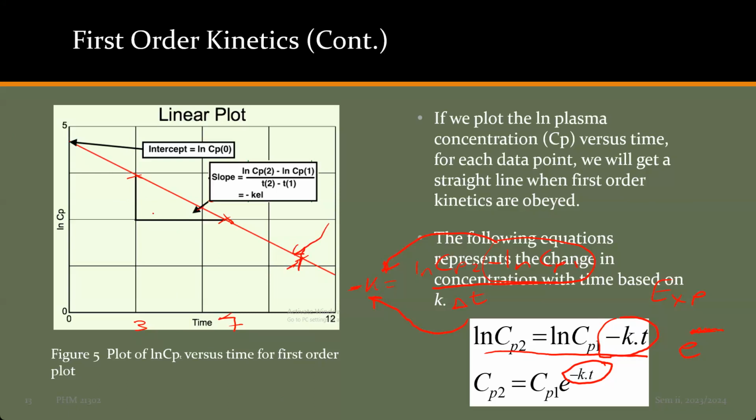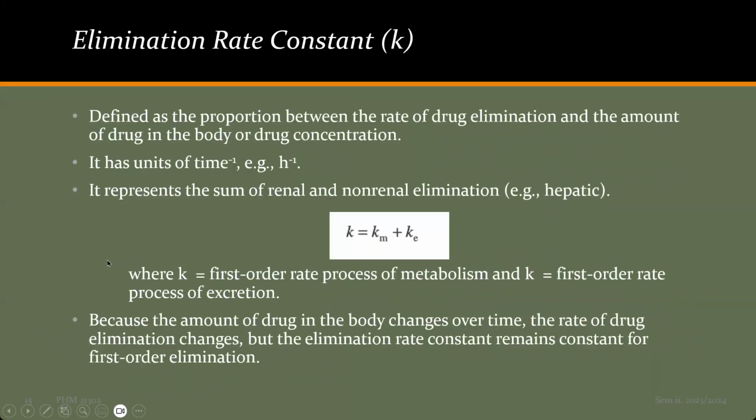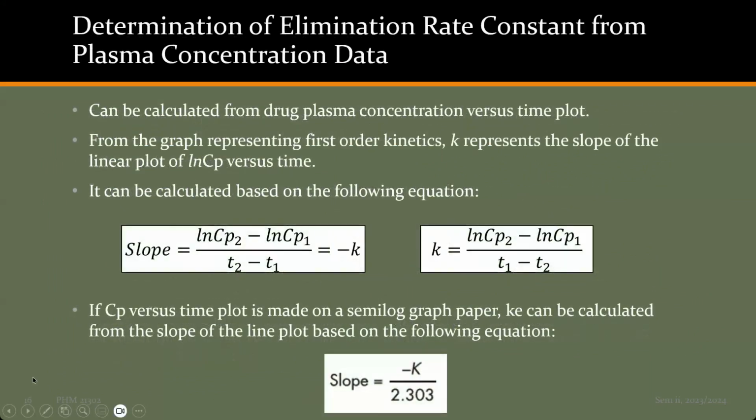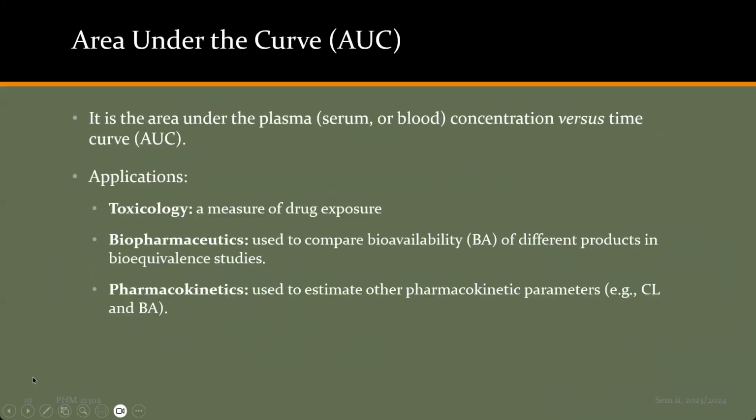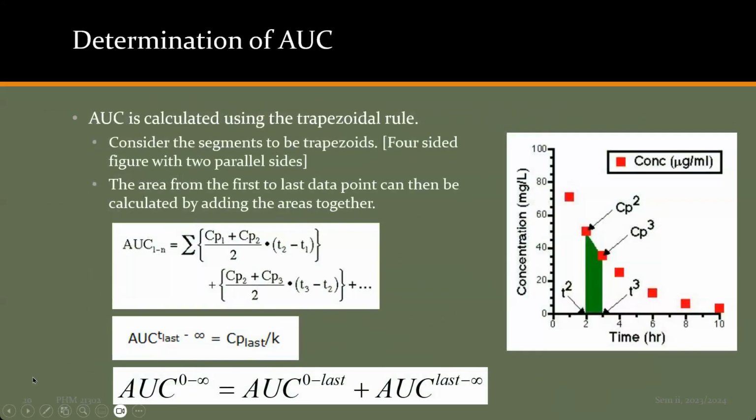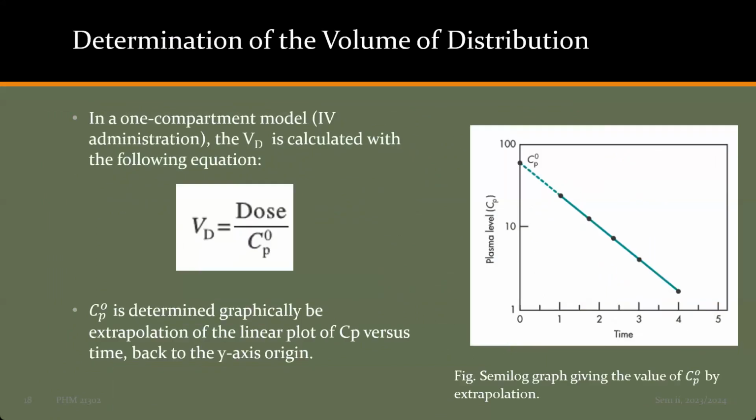I want to calculate the level here. So I can calculate K from the graph, and after calculating K from the graph, then I can use this equation to calculate CP at 10 hours as CP2.